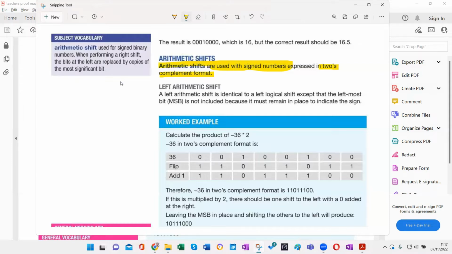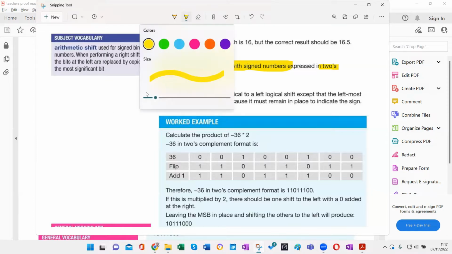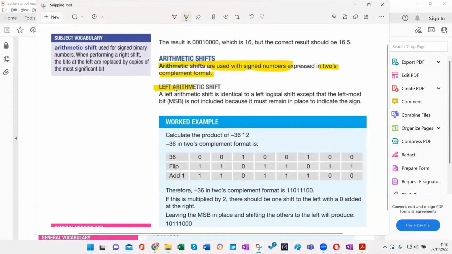Let me show you. Left arithmetic shift. Now same as before, right? If it is a left arithmetic shift, if you are moving the bits to the left, it's always going to be multiplication. Left arithmetic shift is identical to the left logical shift, except that the leftmost bit is not included because it must remain in place to indicate the sign.